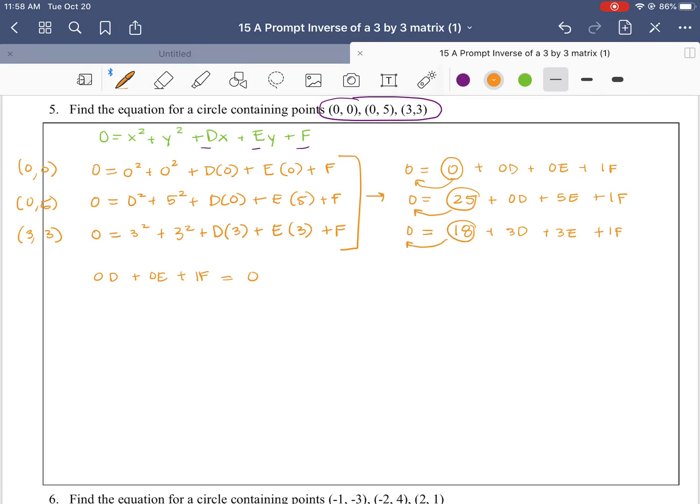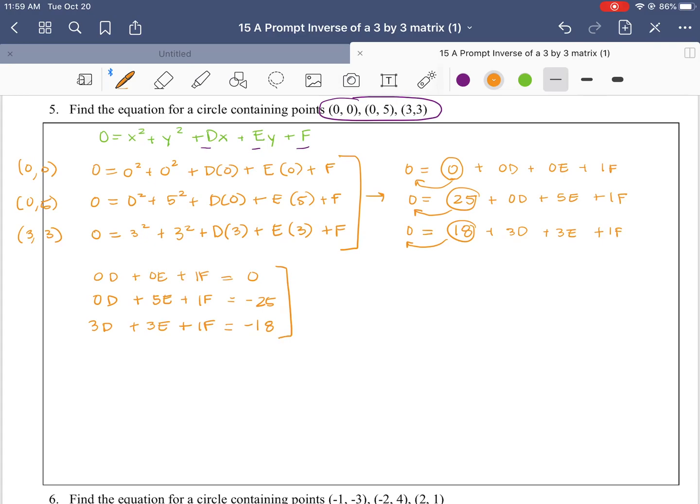So in this case, it's still equal to 0. Over here we have 0d plus 5e, 1f equaling negative 25. We're basically employing the commutative property, moving things around. It's all good. Negative 18.